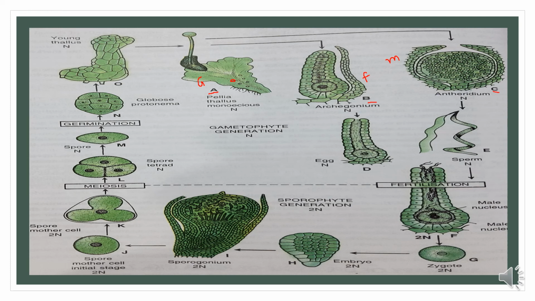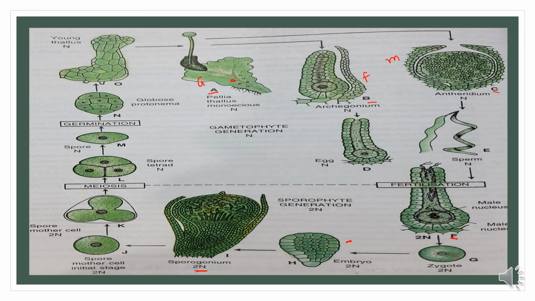So this is the process of fertilization, that is, after the egg and the sperm mature, F, the fertilization occurs, and the zygote is formed here, and the embryo is formed by repeated division, and ultimately the sporogonium.